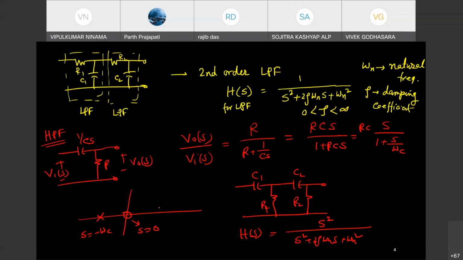So how can you get a band pass filter? For a band pass filter, the ideal plot should look like this. It is omega C1 and omega C2, and this is your omega.